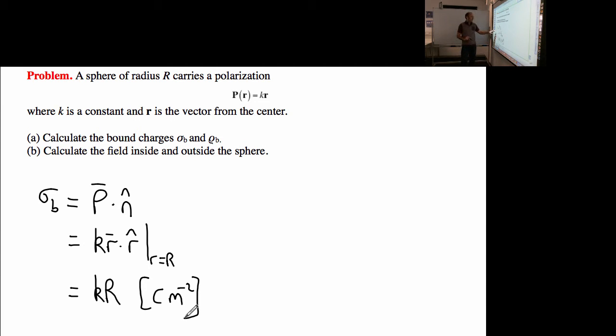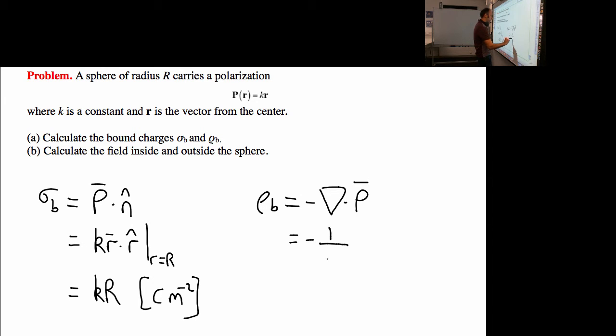For the volume bound charges, what we have is rho b is equal to minus the divergence of our polarization. And again, all we have to do is consider the r hat term. So what we will have is minus 1 over r squared times the derivative of r squared times kr with respect to r.